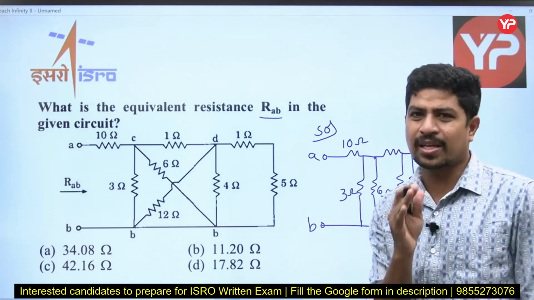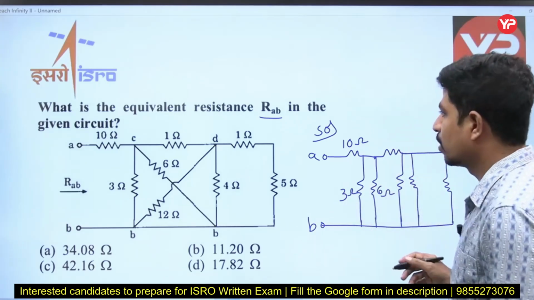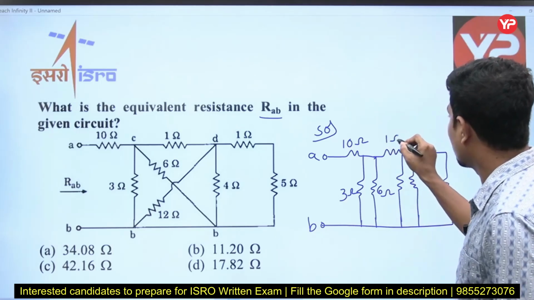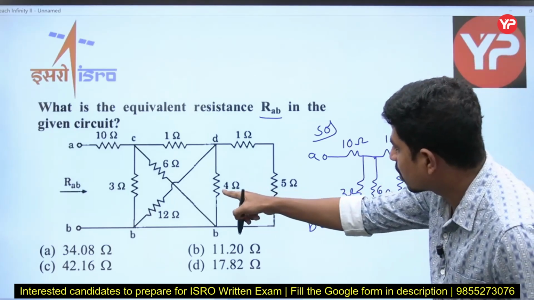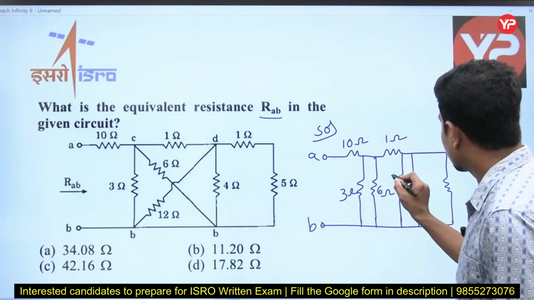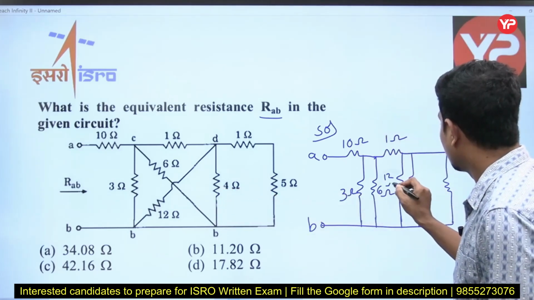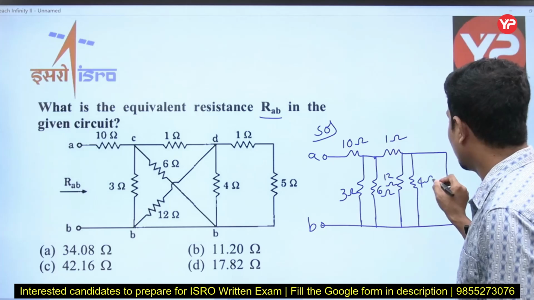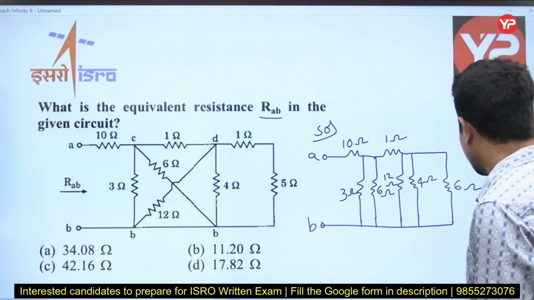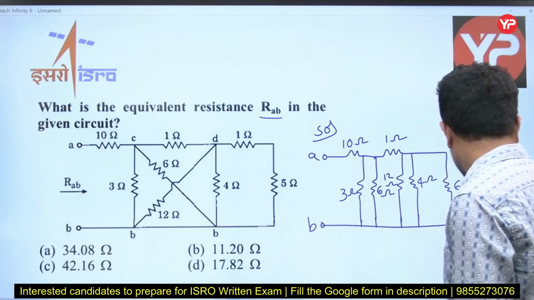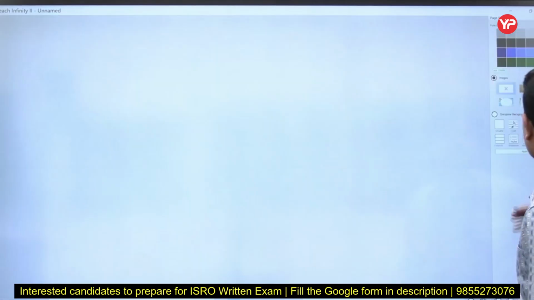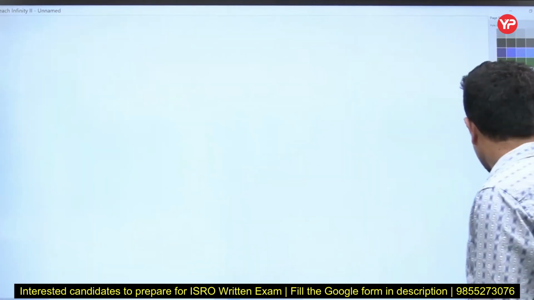Just 2 steps are enough to solve, not more than 2 steps. Then how much is this? This is 1 ohm, this is 6, this is 4 ohm and 12 ohm. Now let me simplify 3 in parallel with 6, I'll do that in the next page.